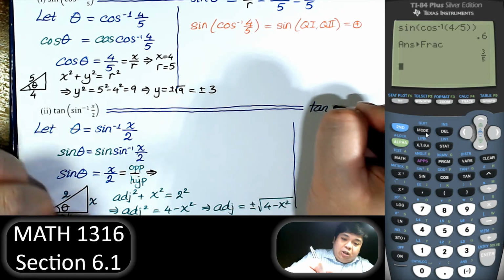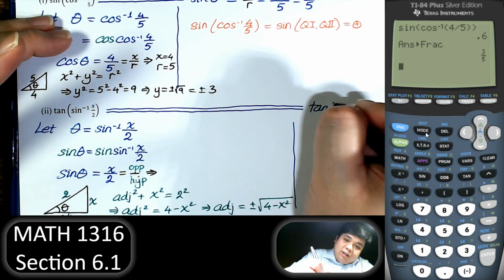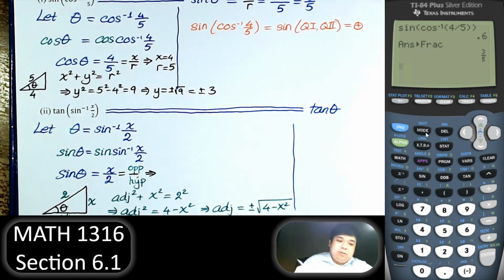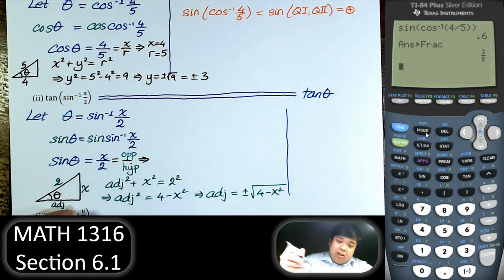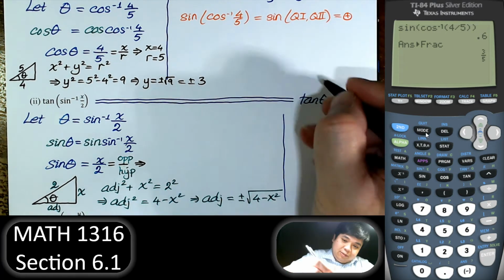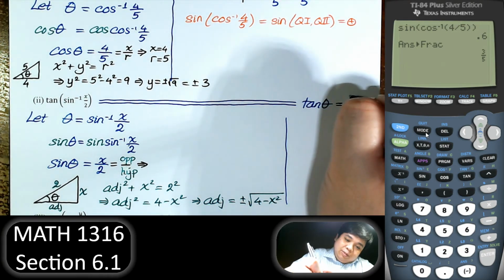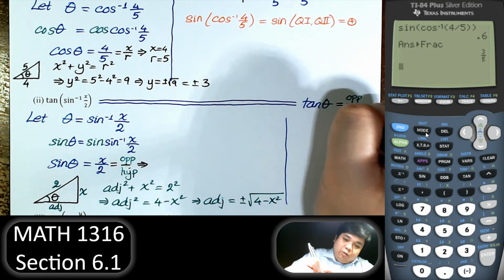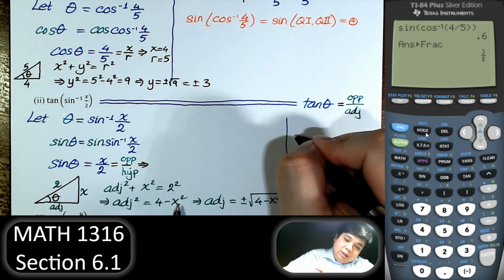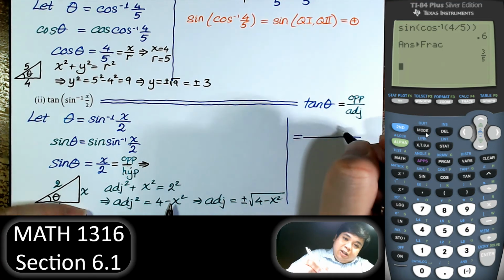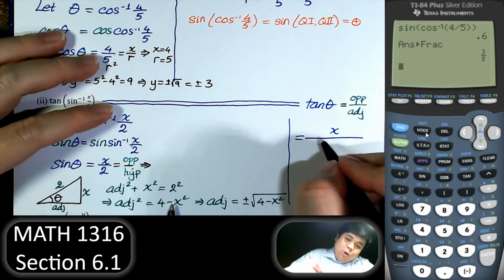Sine inverse of x over 2 is just theta. So we just say tangent of theta. Tangent of theta is what? Opposite over adjacent. So opposite is x over the adjacent.